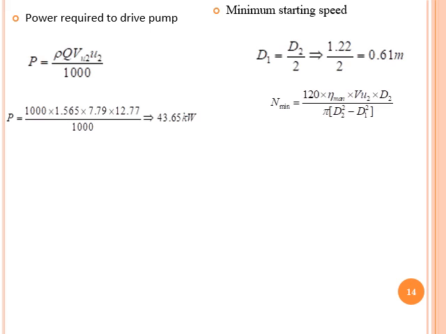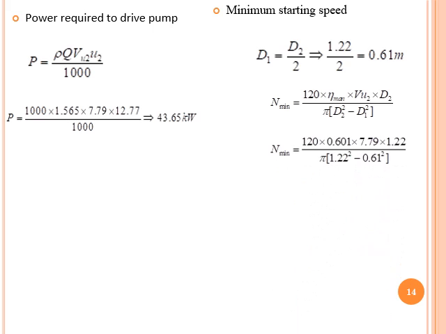Now the minimum starting speed of the centrifugal pump is calculated by using the standard expression: 120 into manometric efficiency into Vu2 into D2 by pi into D2 square minus D1 square.